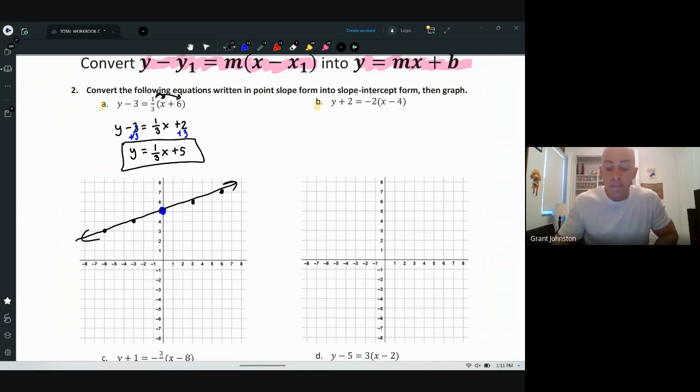B, same concept. So I'm going to distribute first. So it'd be negative 2x, negative 2 times negative 4 is positive 8. Trying to isolate y, get y alone. So I'm going to subtract 2 on both sides because it says y plus 2. So if I subtract 2 from its like term on the right, 8 minus 2 is 6.